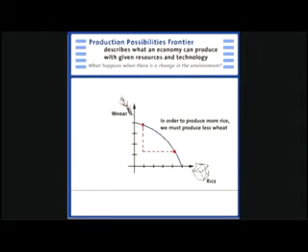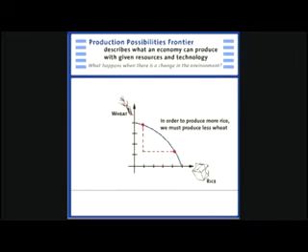Suppose now we change one of those constraints. Suppose we change the technological possibilities in the economy, or suppose we change the resource endowments. In that case, the production possibilities curve will shift. A movement along the production possibilities frontier represents a change in the economy's choice of which combination of goods to produce.